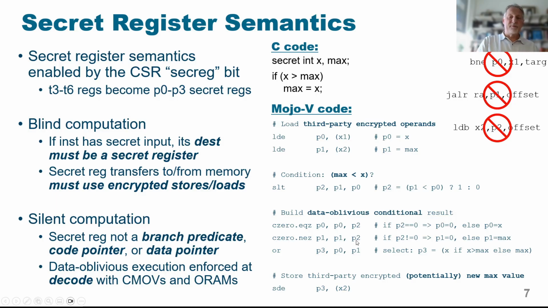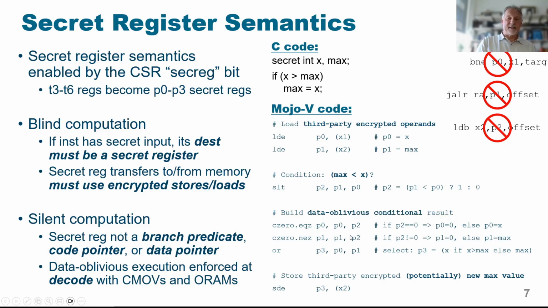In RISC-V, conditional moves are implemented with what's called a CZERO instruction. So if this predicate is 0, then this value gets 0. Otherwise, I copy this register into this value. So based on this predicate, if this is true, I get this value, and if it's false, I get this value.